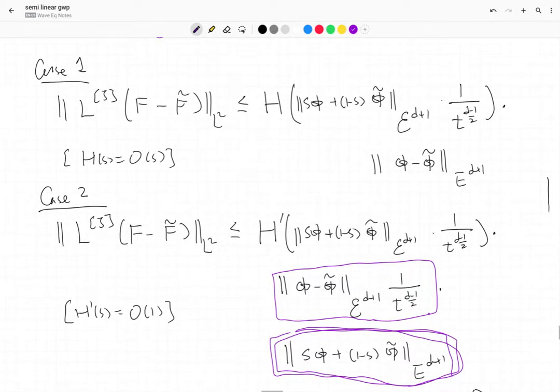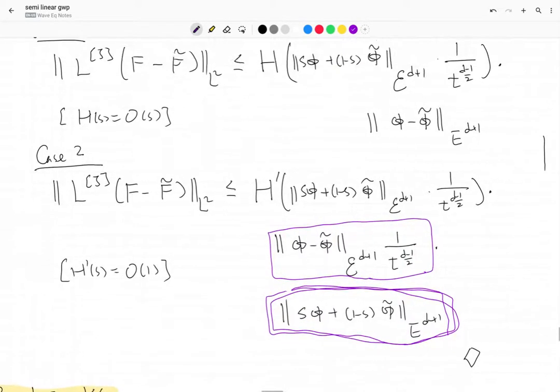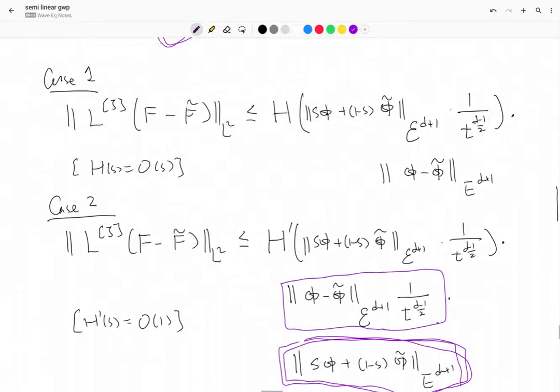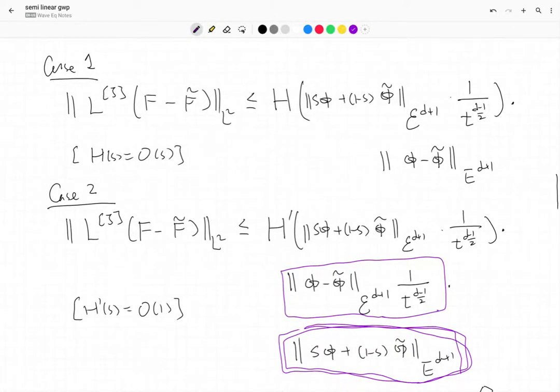So the key thing here is that if you add these two together, this tells you that Lj of f minus f tilde, measured in L2, is going to be the difference, measured either in curly E space or in the rectangular E space, multiplied by a linear factor of s phi 1 minus s phi tilde, measured either in E space or curly E space, multiplied by a decaying factor t to the d minus 1 over 2.